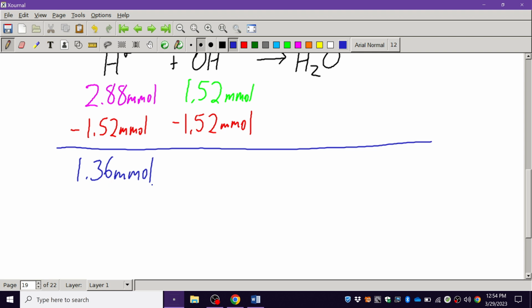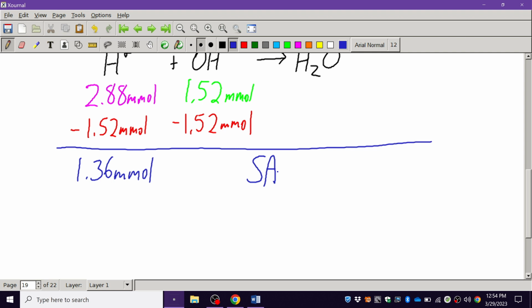Yeah, there's no anion present in solution that's going to have any effect on this. We don't see a conjugate base for a weak acid in here. And therefore, what we can say is that the pH of the solution is based on the amount of excess hydrogen ion we have.